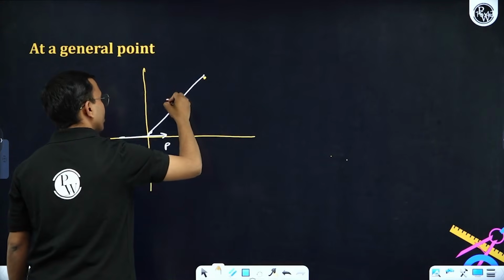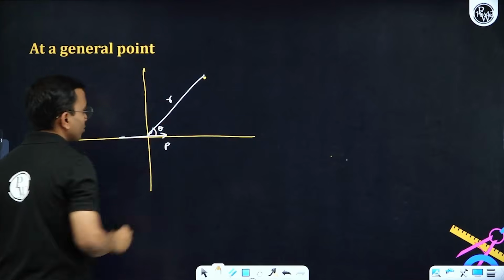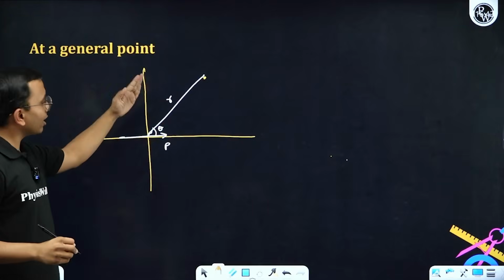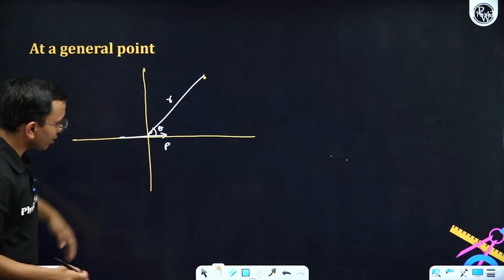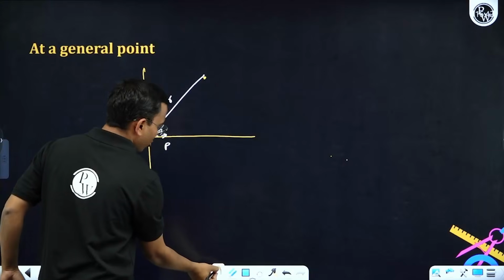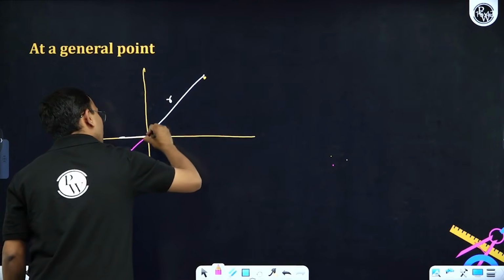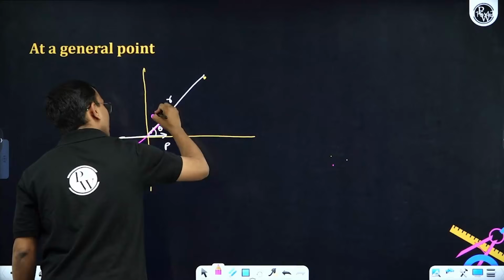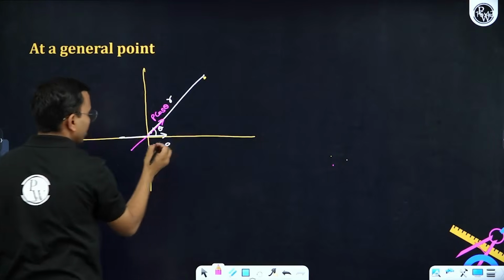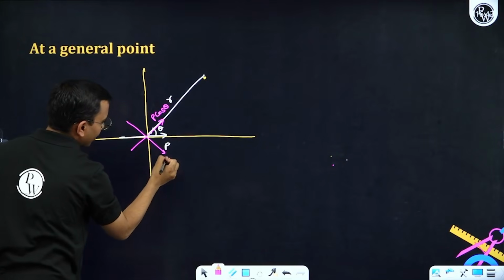This is my r and this angle is theta. So how will I proceed? I'll take the components along and perpendicular to the dipole moment. If I take the components of the dipole moment, this will become my p cos theta, and the perpendicular will become p sin theta.